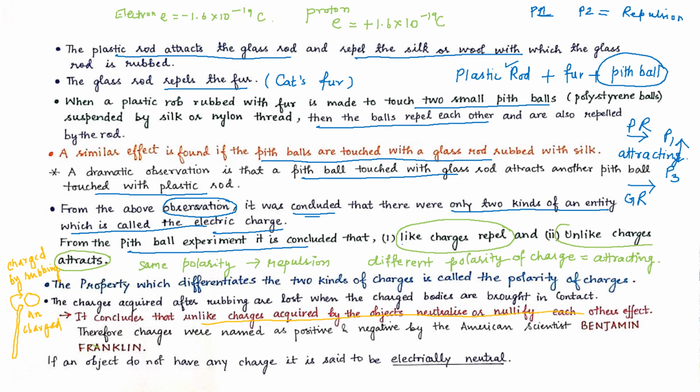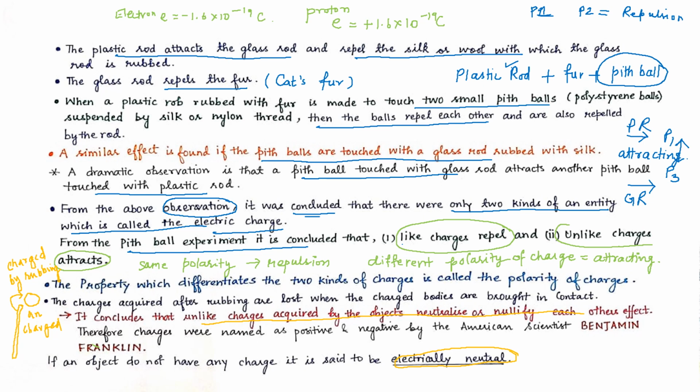Therefore, charges are named as positive and negative by American scientist Benjamin Franklin. If an object does not have any charge, it is said to be electrically neutral. Here the term electrically neutral is really a tricky term, so we will understand how this term is tricky.